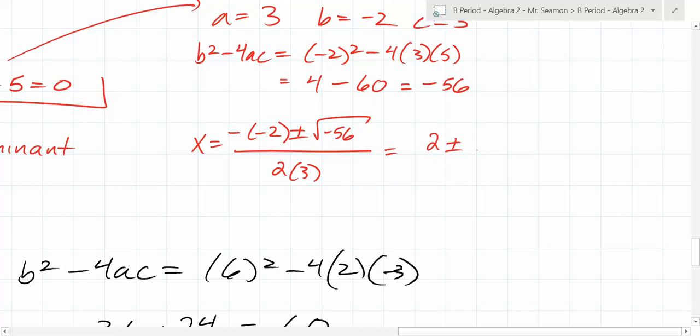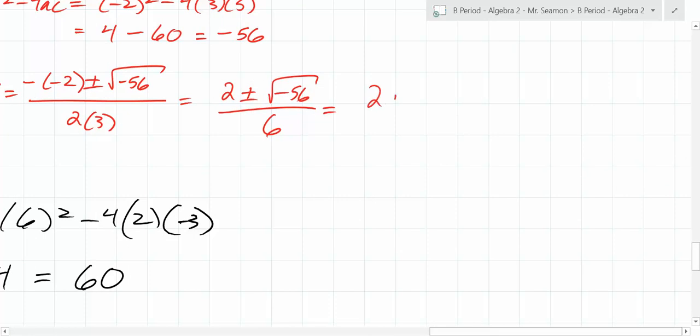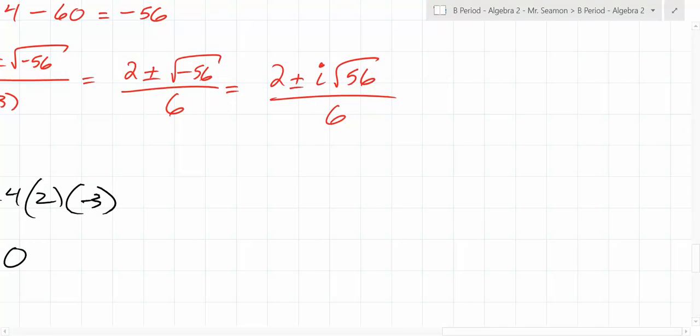So we have 2 plus or minus the square root of negative 56 all over 6. Still not simplified. If you want to break down that radical, it's negative 56, so what should you pull out first? The negative, so it's i root 56 all over 6. Remember, imaginary, we did that for a while.